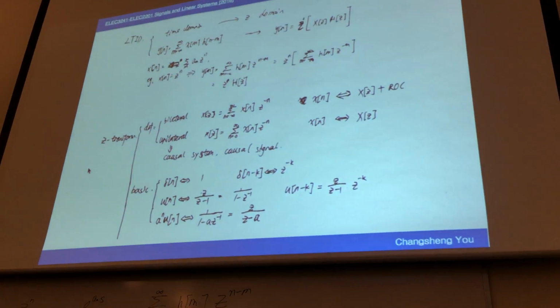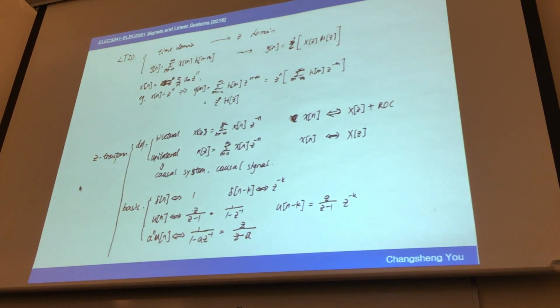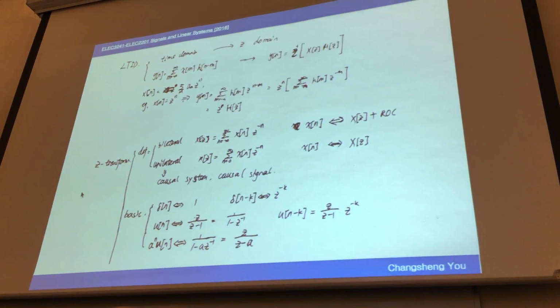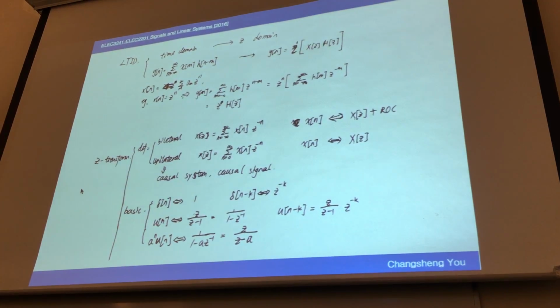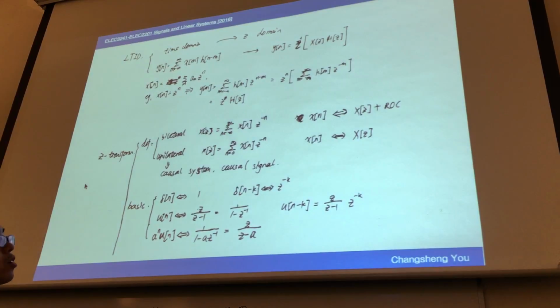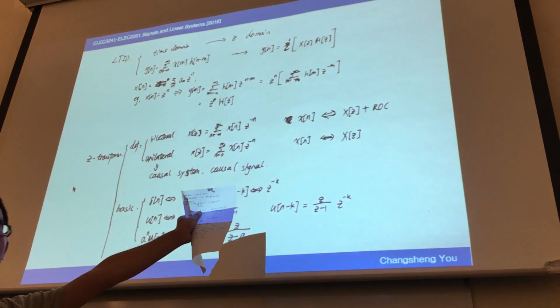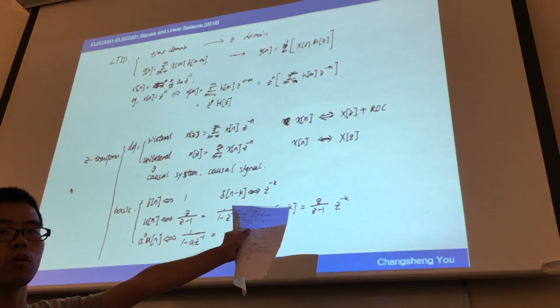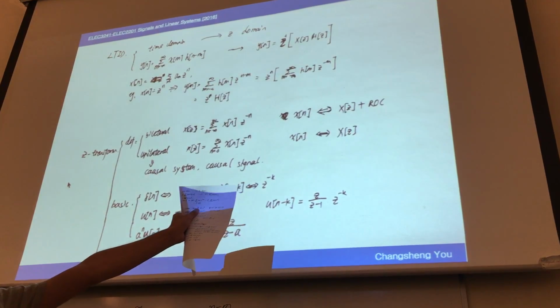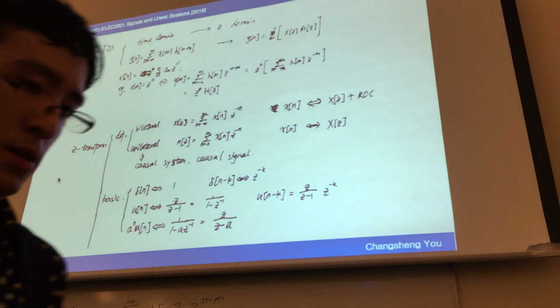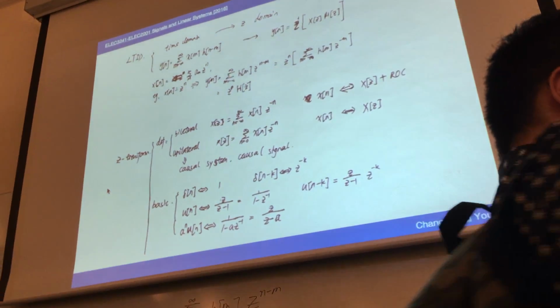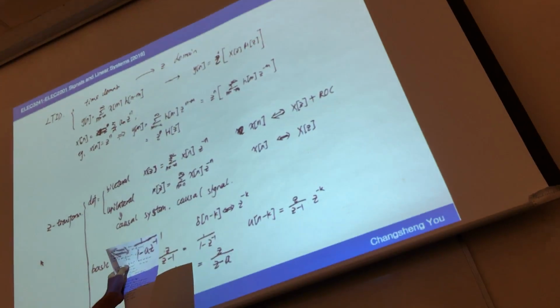And for the Z transform, we have two definitions. One is the bilateral definition, where the domain is from minus infinity to infinity, and the mapping is that the input corresponds to one Z transform plus the region of convergence. The second one is the unilateral definition. The difference is that now the lower bound is from 0.